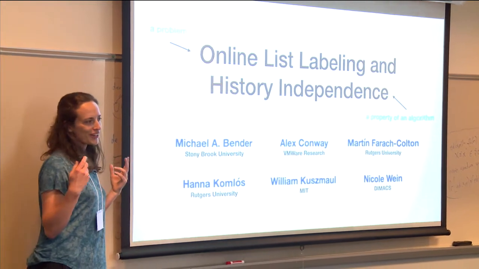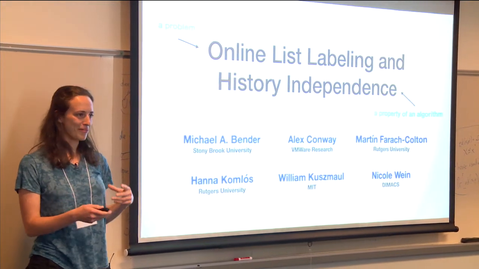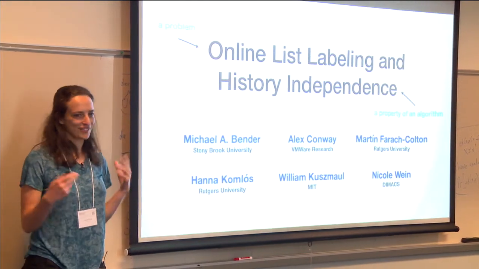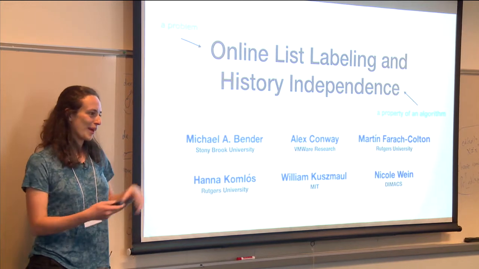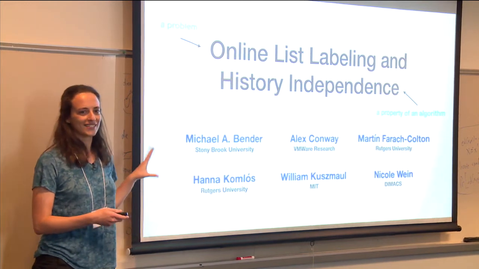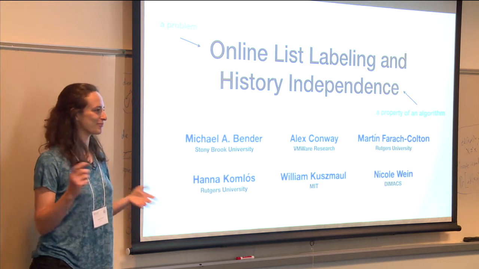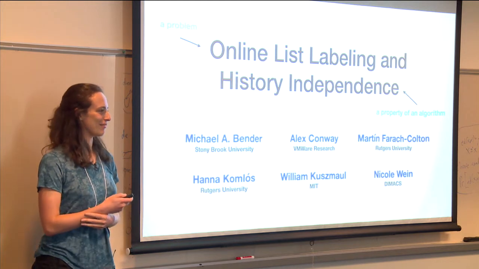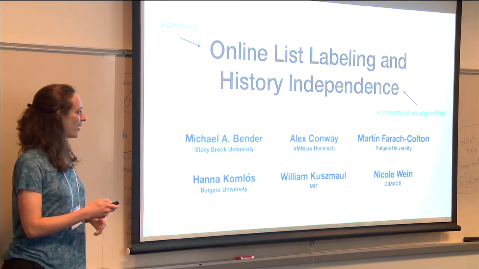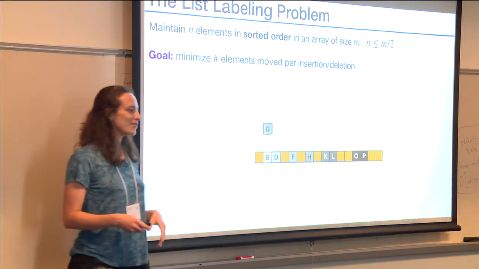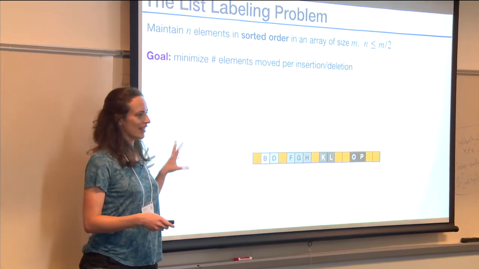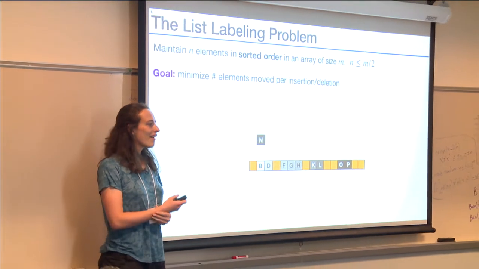And moreover, history independence has some kind of unexpected uses. I'm going to use this problem of online list labeling as a case study for showing how history independence can be useful.